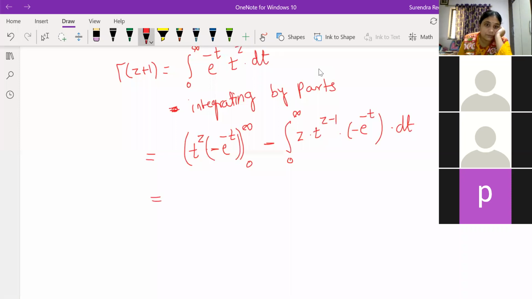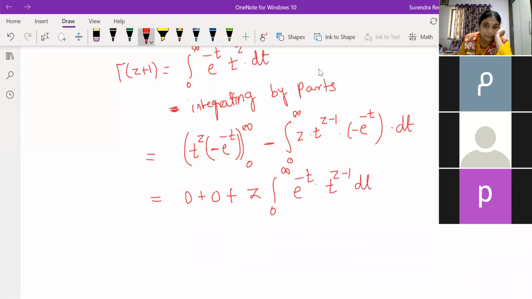If I substitute the limits, the upper limit will be 0, and the lower limit also 0 because of this t. Minus times minus becomes plus z. z is independent of t, so it comes outside: the integration from 0 to infinity of e raised to minus t, t raised to z minus 1, dt. This is nothing but my gamma z.